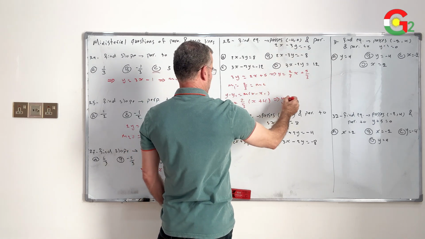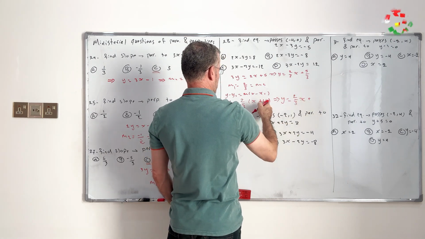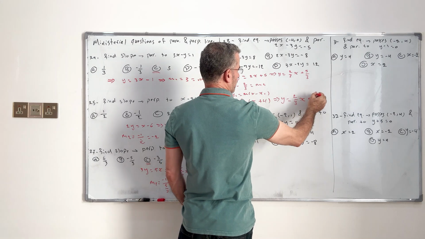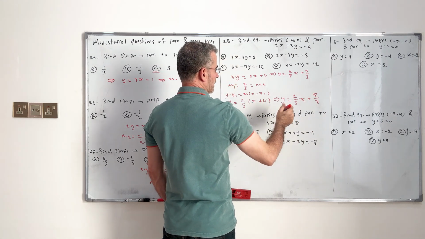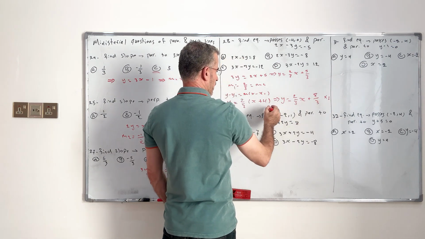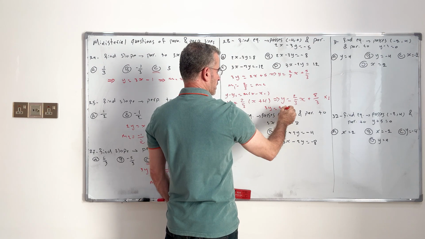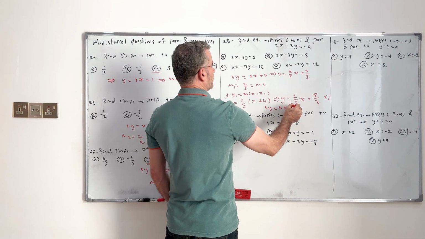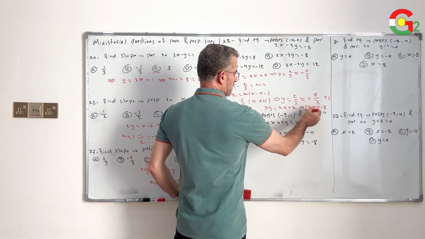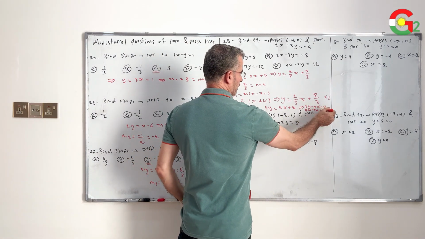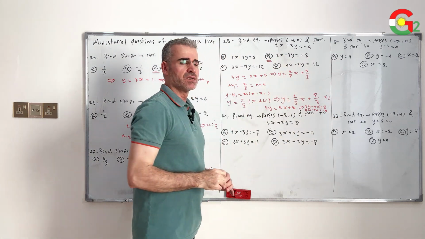Then the equation will be y equals 2 over 3 x plus 8 over 3. Multiply both sides by 3. Then 3y equal to 2x plus 8. Also, we can rewrite it as 2x minus 3y equal negative 8. Choice B.